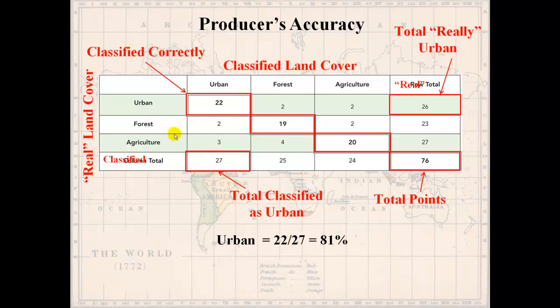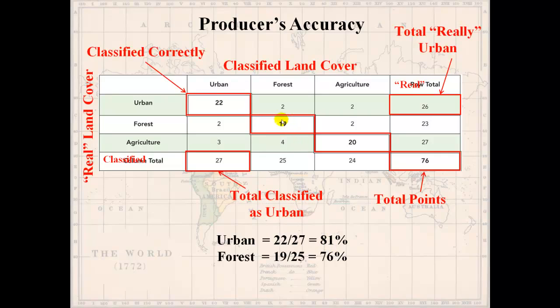If we look at the producer, they classified 22 things as urban that really were urban. There are 27 total that were classified as urban, but only 22 of those really were urban. So that's 81% efficiency.